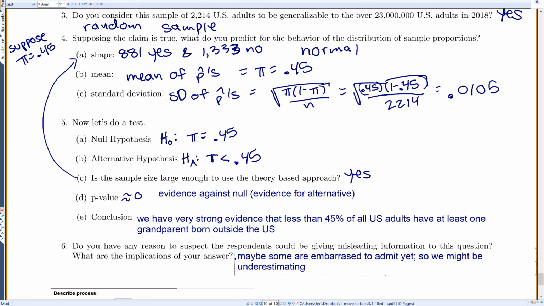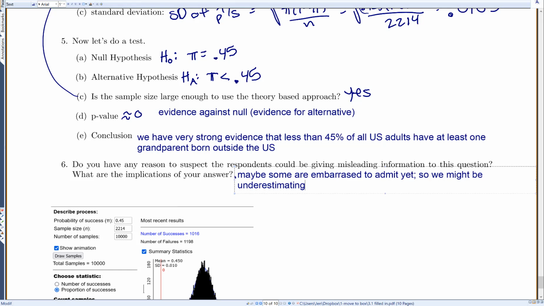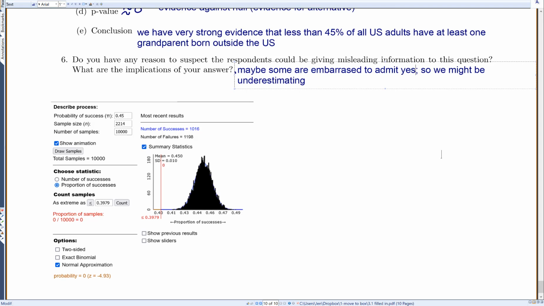Of course, you might have the flip side. Maybe some people actually wish that their grandparents were born outside the U.S. Maybe they said that they did, but I would bet probably more that they didn't want to admit it, so we were underestimating. So that's just that bias that we talked about. This is a non-sampling bias. If they're embarrassed, that's non-sampling bias. It's not how we picked our sample. It's just that they didn't want to answer.